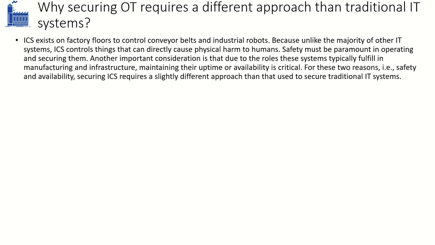You might end up shutting down the company and incurring financial loss, but you will not hurt somebody physically. But in an ICS environment, if security is implemented without taking safety into consideration, you might end up swinging a robotic arm on the factory floor which might hurt several factory workers working on the shop floor. That is the reason safety is very important when it comes to ICS.